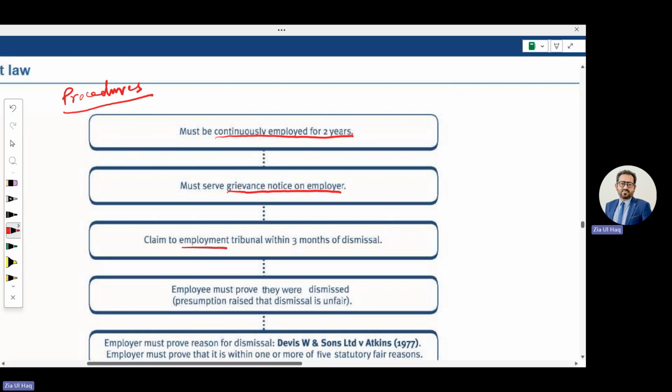Claim to the employment tribunal within 3 months of dismissal. But for a claim of damages below 25,000 pounds, the employee must prove, obviously, being the claimant, you need to prove your dismissal was unfair. Once dismissed, a presumption is raised that the dismissal is unfair.